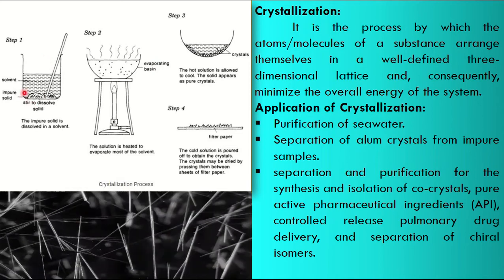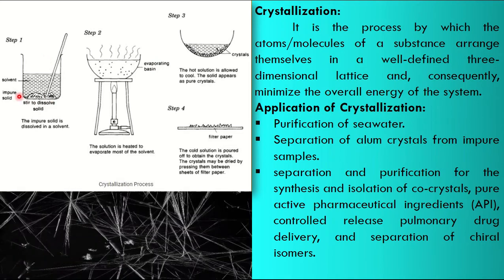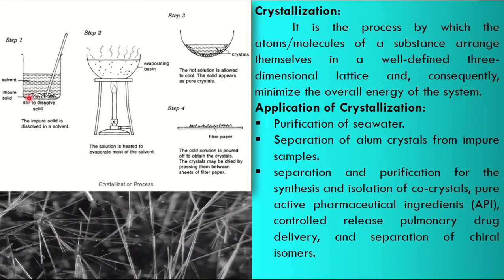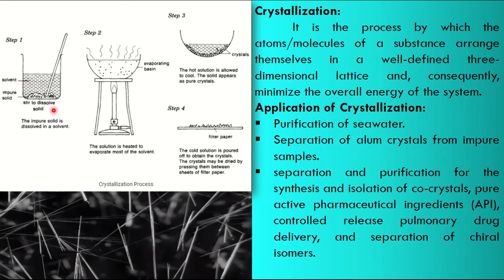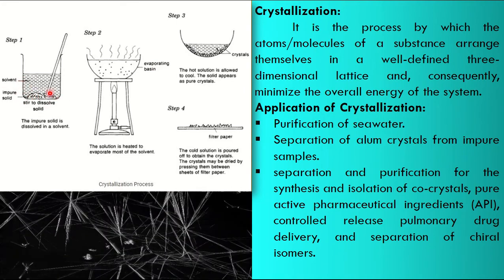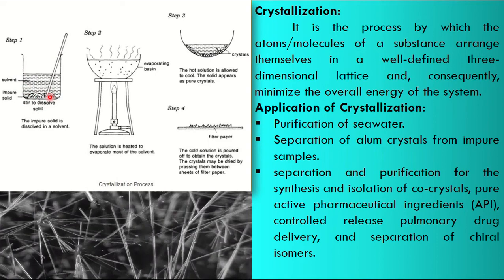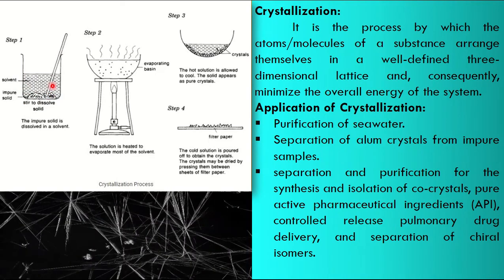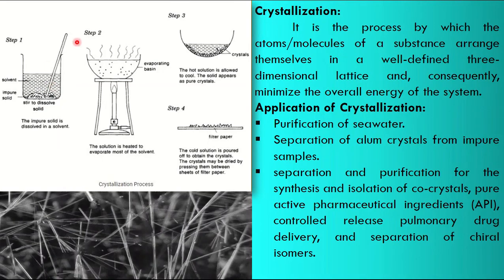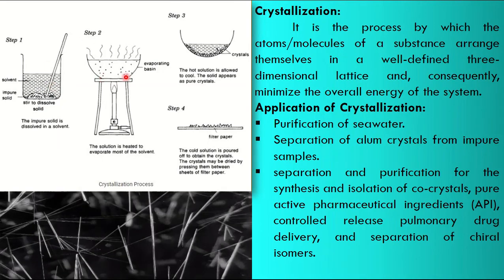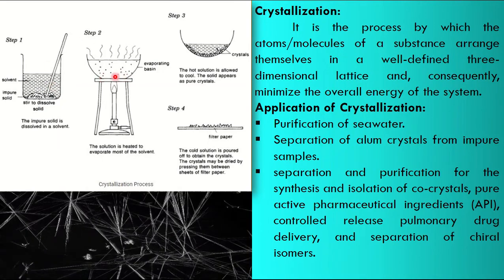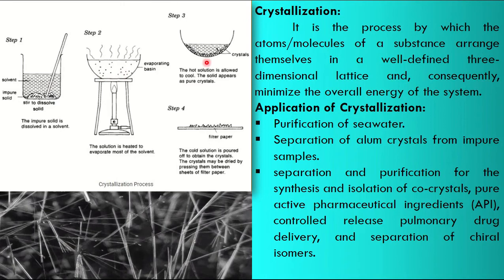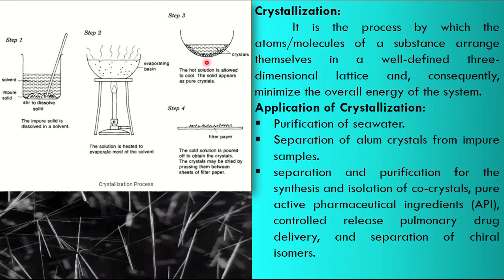If we take any impure solid and allow it to dissolve in a suitable solvent with the help of a stirrer, then this solvent or mixture along with the solid is kept for evaporation. After this process, we need to cool the mixture.